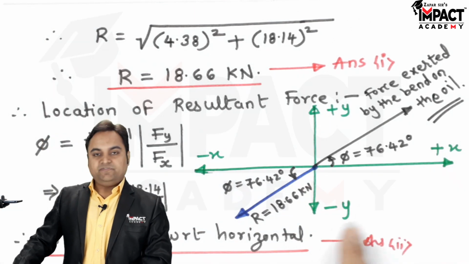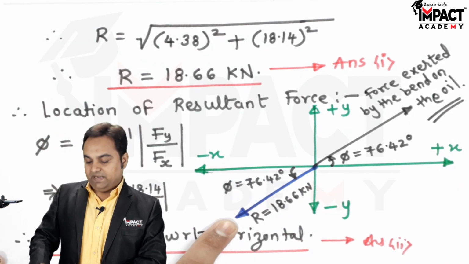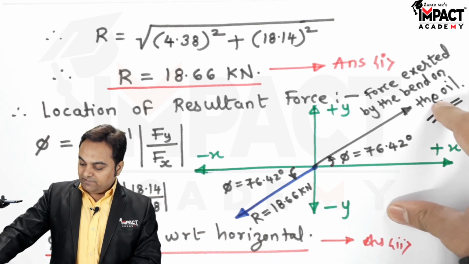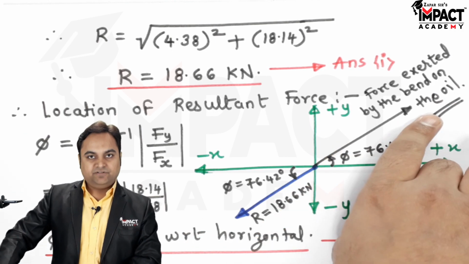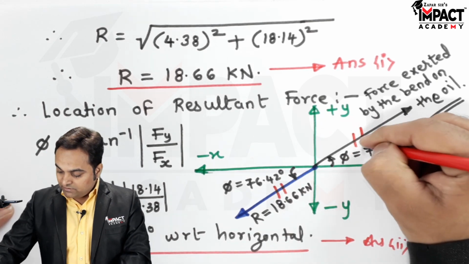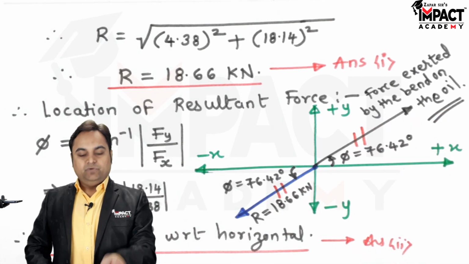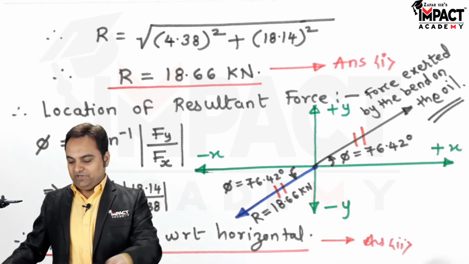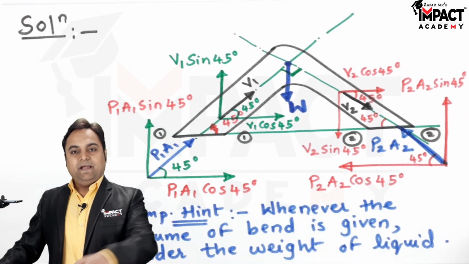So in both the ways we can calculate, that is the force exerted by the oil on the bend and by the bend on the oil. It means it is a reaction force, and since both would be equal, they would cancel each other, and hence the bend would be in equilibrium. So in short, that was a problem regarding a pipe bend.